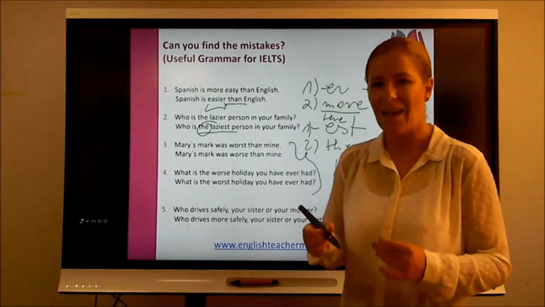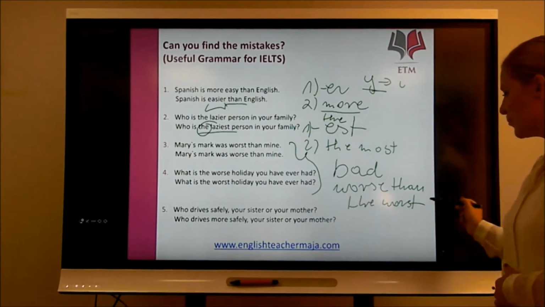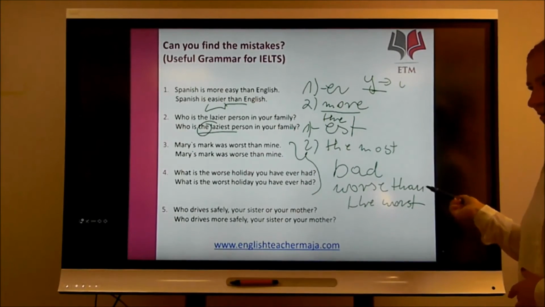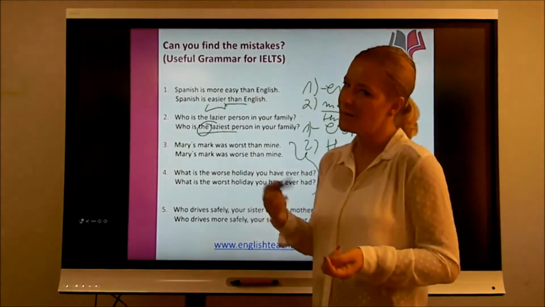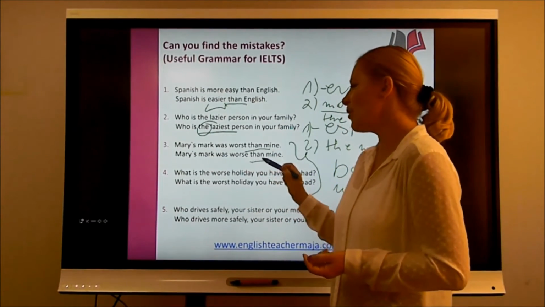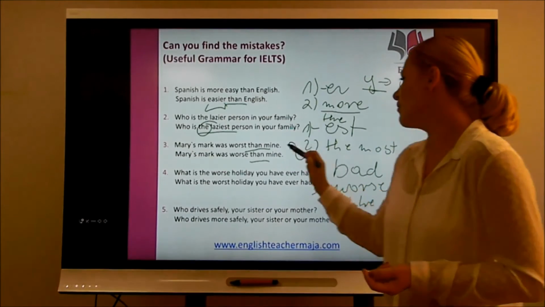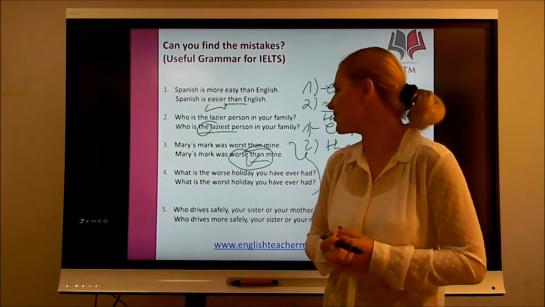Okay, and a comparative form is worse than, and the superlative the worst. Okay, so let's have a look at number 3. Do we need a comparative or a superlative here? We have a than, so it means that we need the comparative. Worse than is the correct answer.